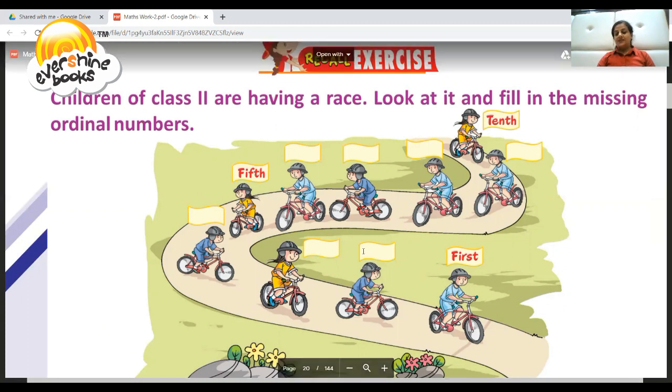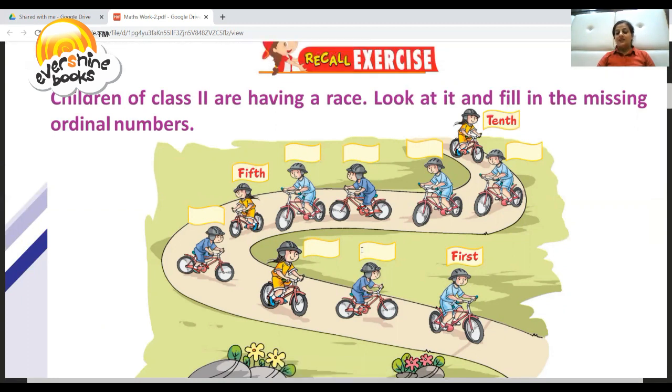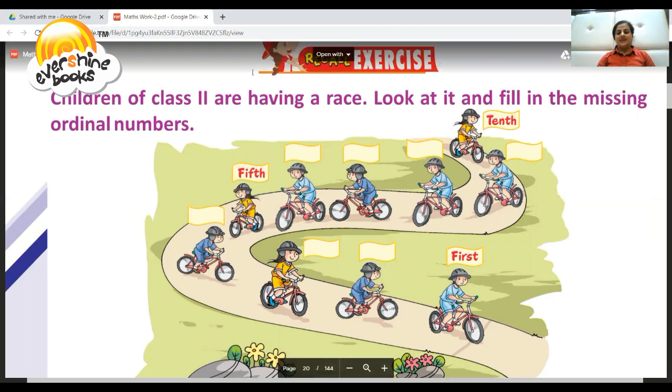Second is after first, so we are going to write here second. And we know the spelling of second also. That is second.